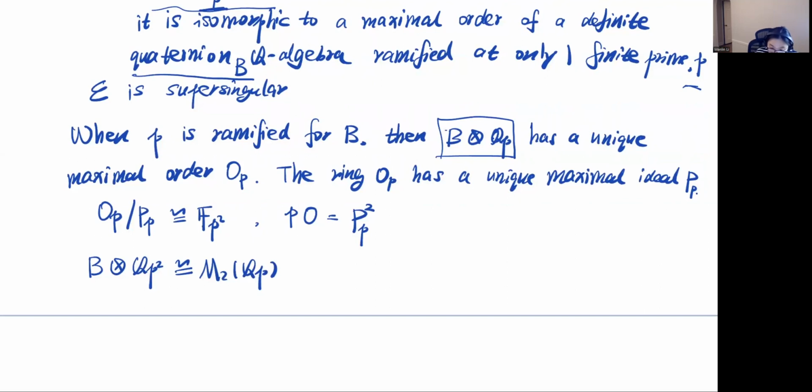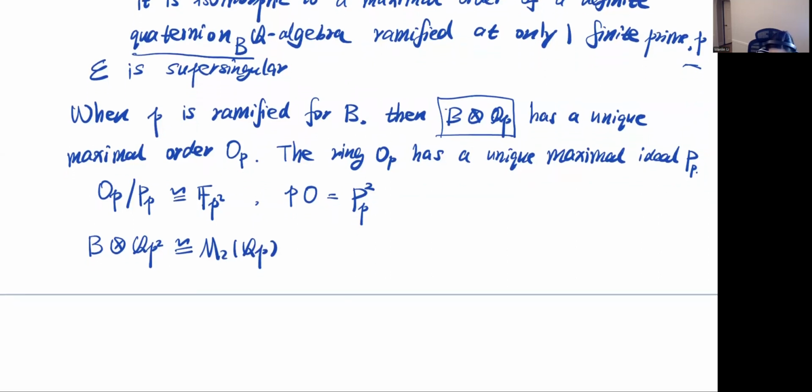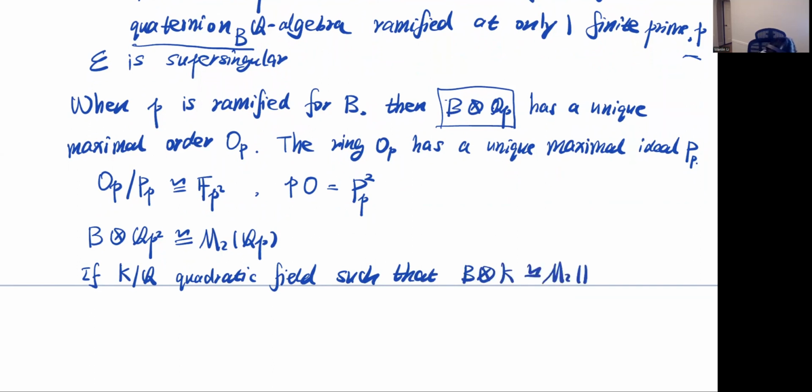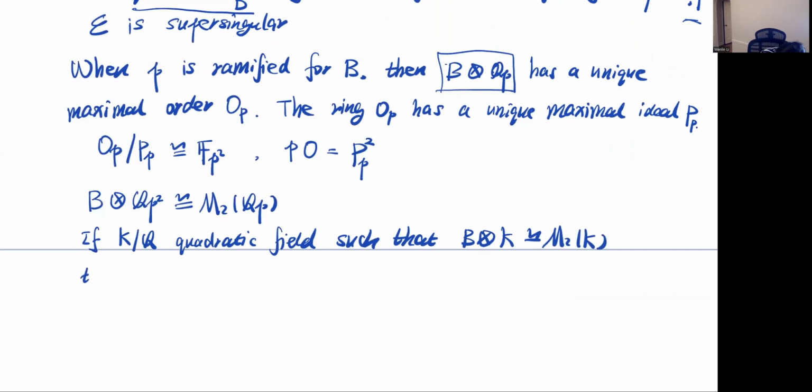So this means that if K over Q is a quadratic field such that B tensor K is isomorphic to the matrix algebra, then K is an imaginary quadratic field.